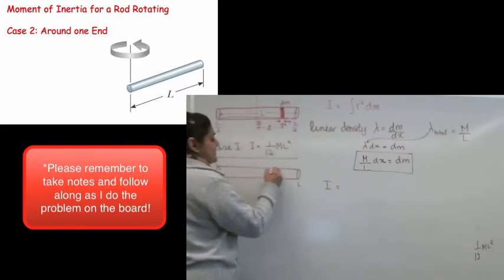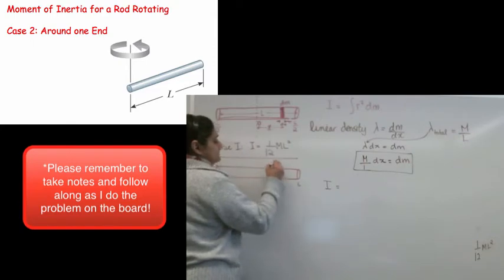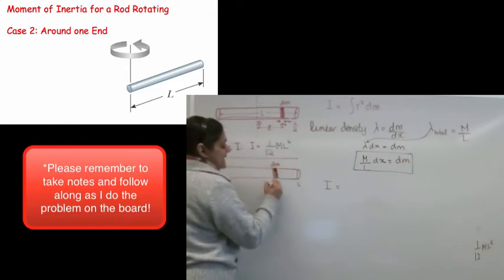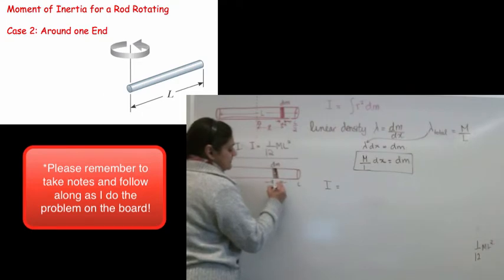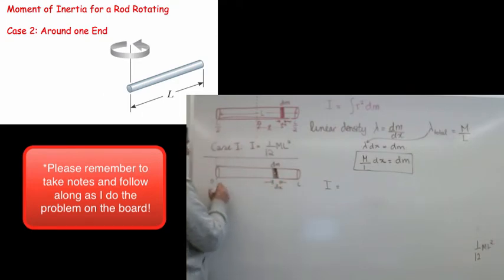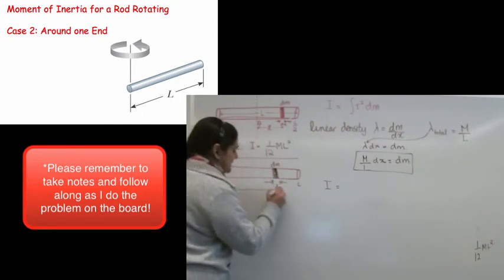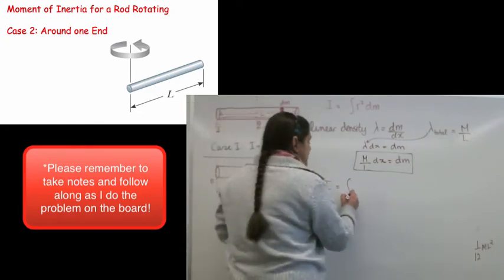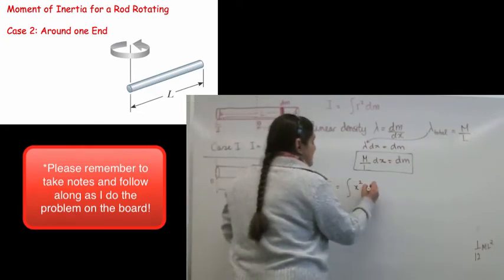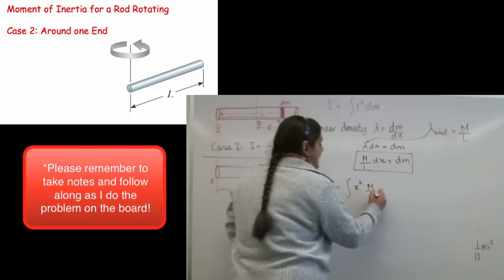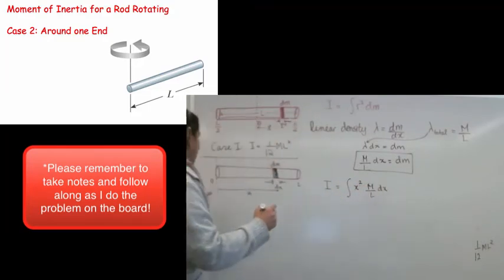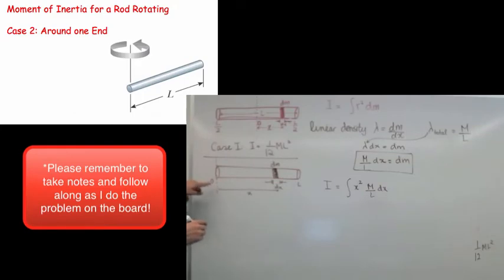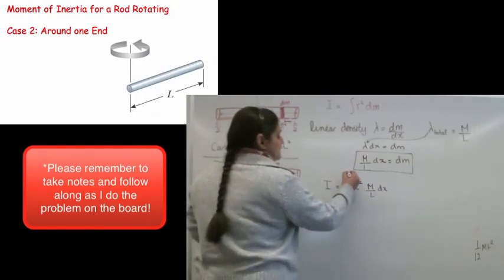So let's suppose that my dm is here, and it has the same dx, but this is going to be my x now. So I can rewrite this expression as x squared m over L dx. But in this case, my limits of integration are going to go from 0 to L.